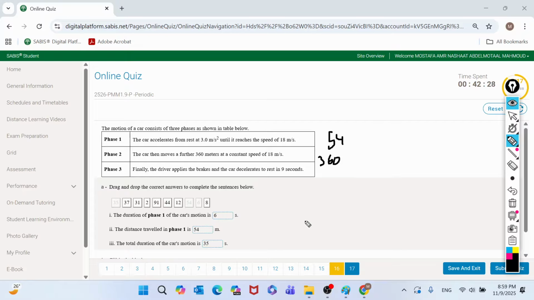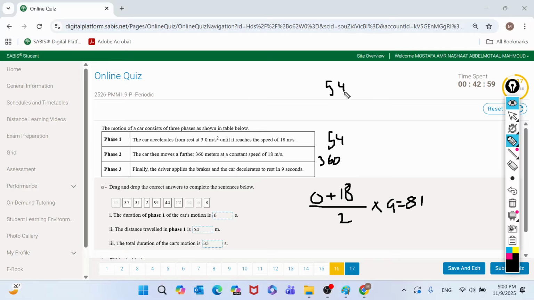We're going to use the acceleration independent equation: v final, which is 0, plus v initial, which is 18 meters per second, over 2, times the time, which is 9. That's going to equal 81.